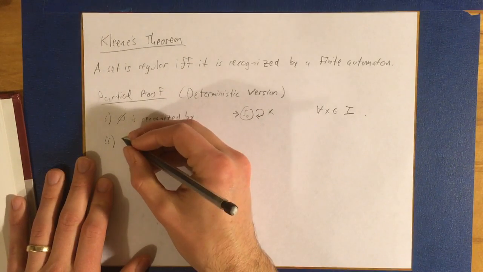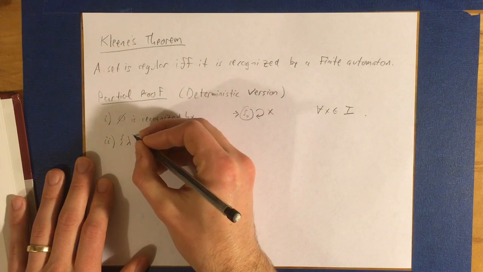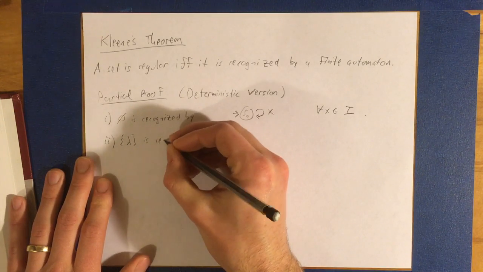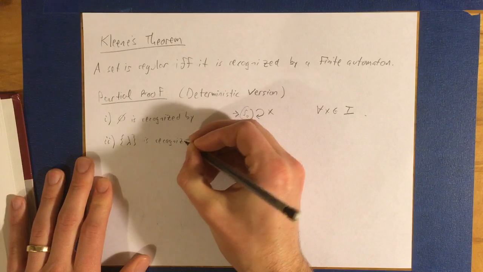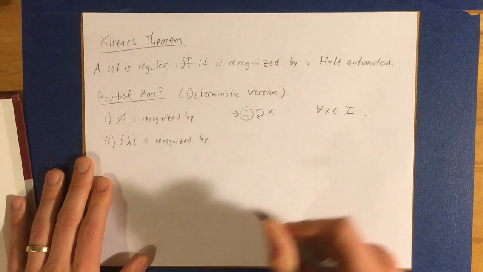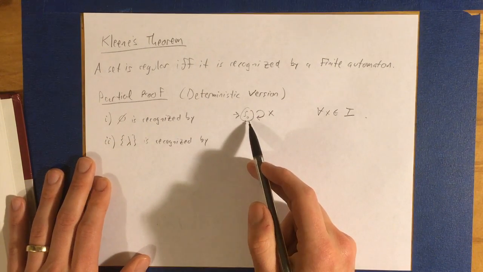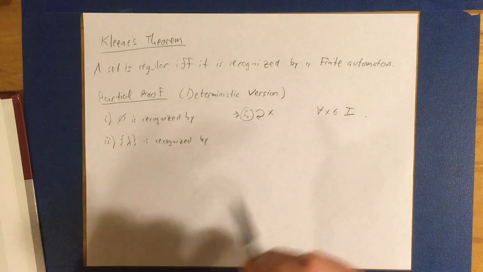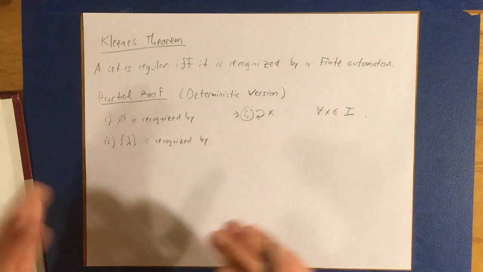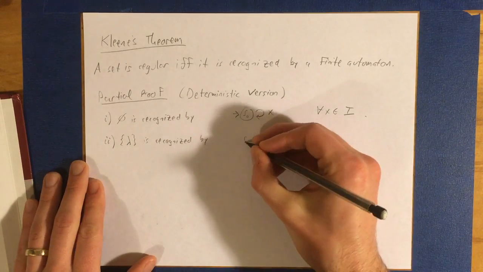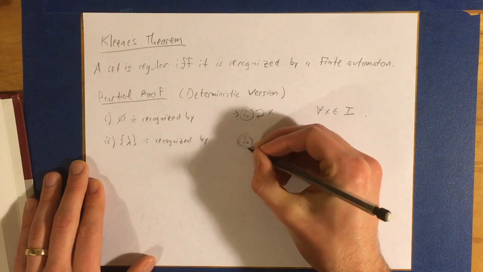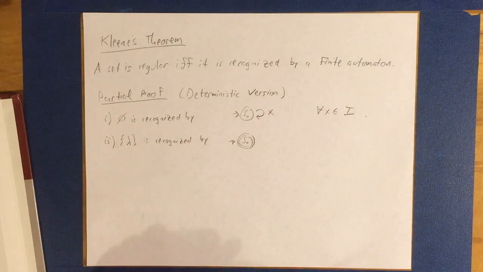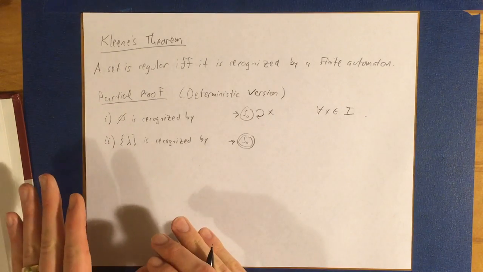Now, the set containing lambda, you might think, well, isn't it the same? Not quite, because what we want is to recognize the empty string but nothing else. So we do have to have one accepting state. Our initial state 0 needs to be accepting in this case in order to recognize lambda.